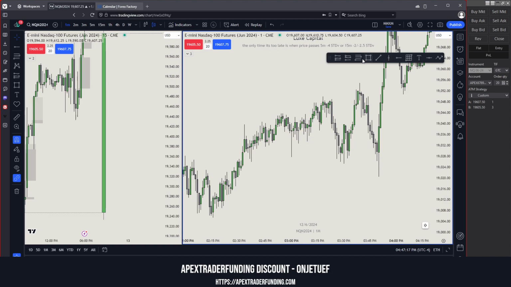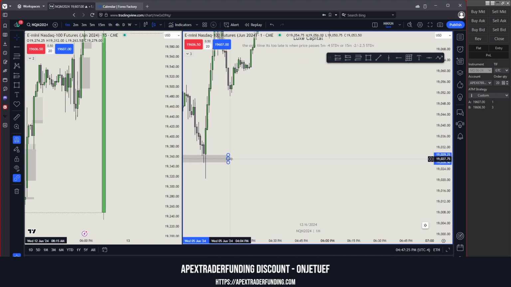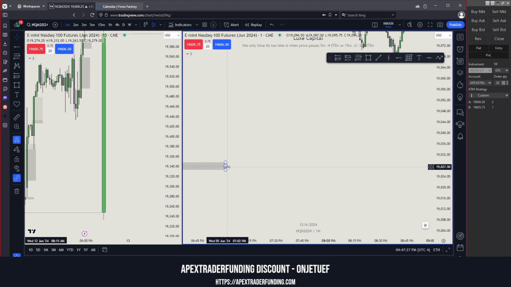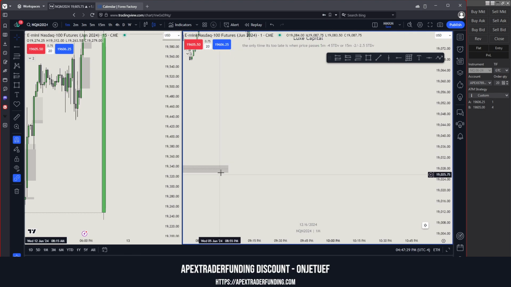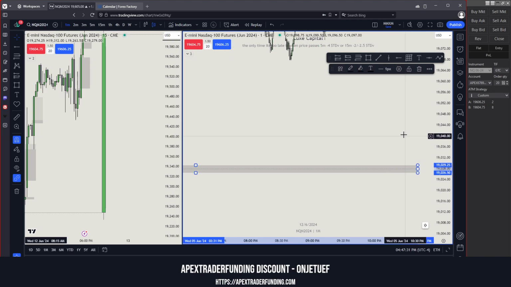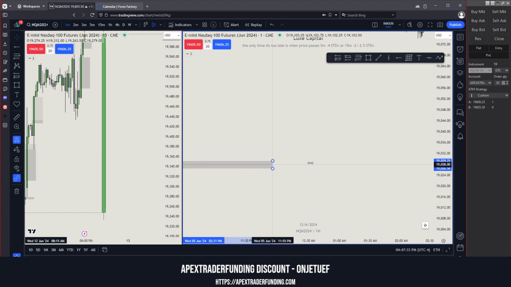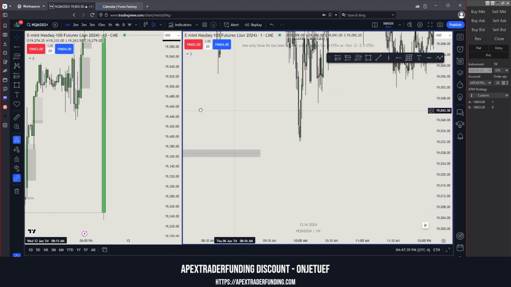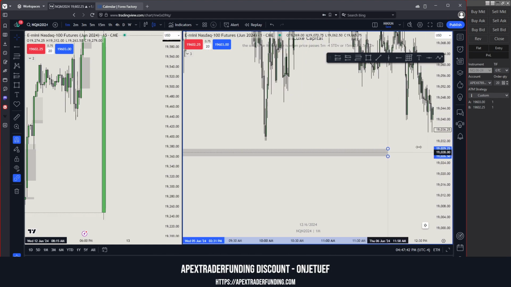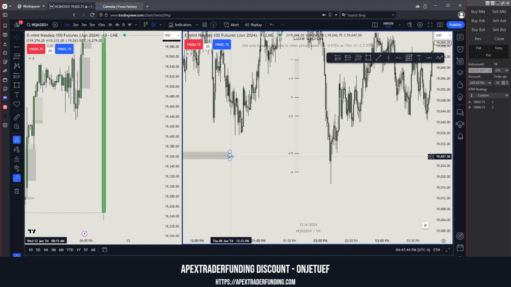But believe it or not, I do believe this 1 minute imbalance was fully respected all the way across. Completely, there it is. Which falls into our zone.